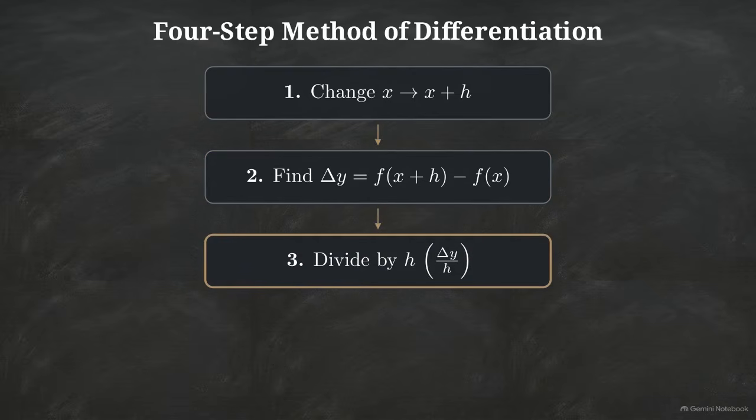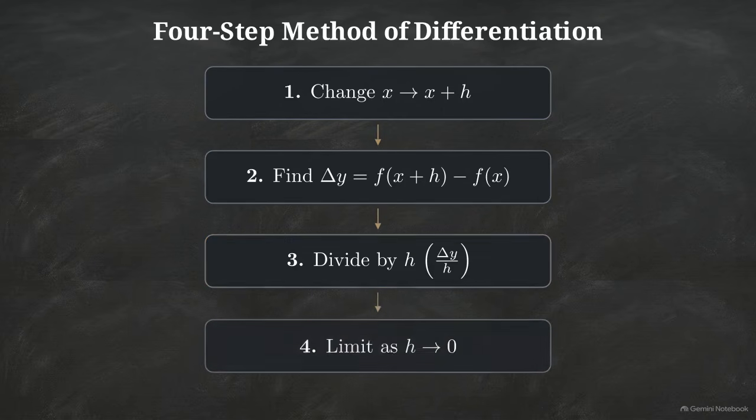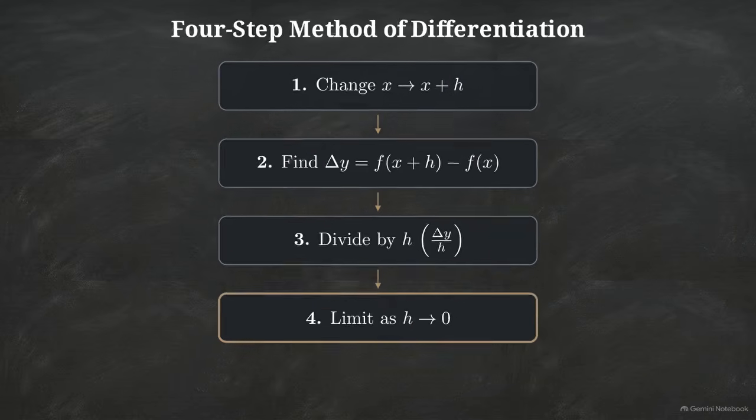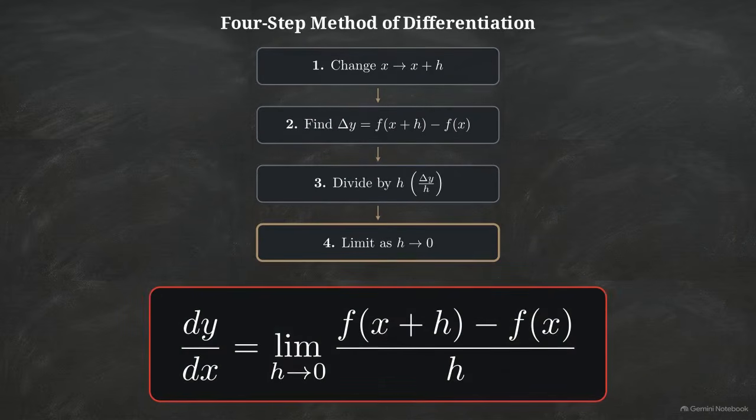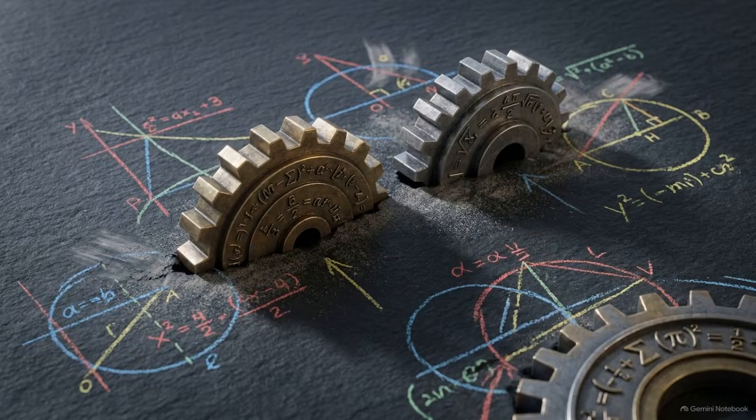Step 3. Take that resulting change in y and divide it by your tiny initial horizontal change, which we called h. Step 4. Apply the limit. Calculate what happens to your equation as that gap, h, shrinks down to 0. If you follow this recipe in order, it turns the abstract idea of a derivative into a predictable mechanical routine.